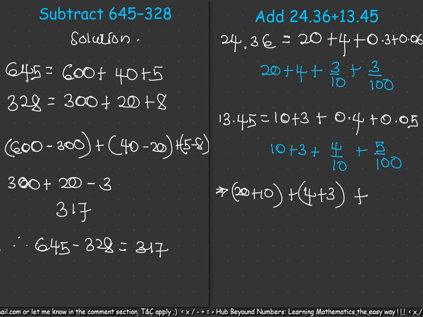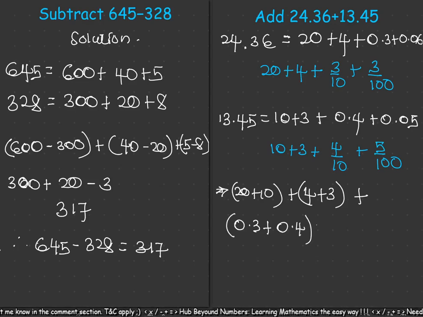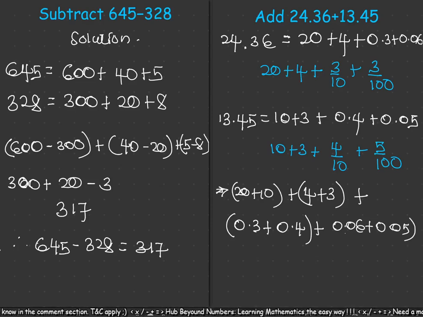Then plus, you can either use the decimals or the fractions. Any of them works and you'd get the same answer. So in this case, let's just choose to use the decimals, so that we have 0.3 plus your 0.4. That is the tenth. Then plus for the hundredth, you have 0.06 plus 0.05.